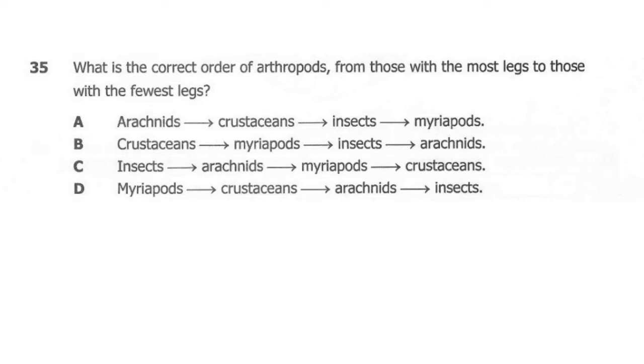C. Insects to arachnids to myriapods to crustaceans. D. Myriapods to crustaceans to arachnids to insects. What's the correct answer? Is it A, B, C, or D?